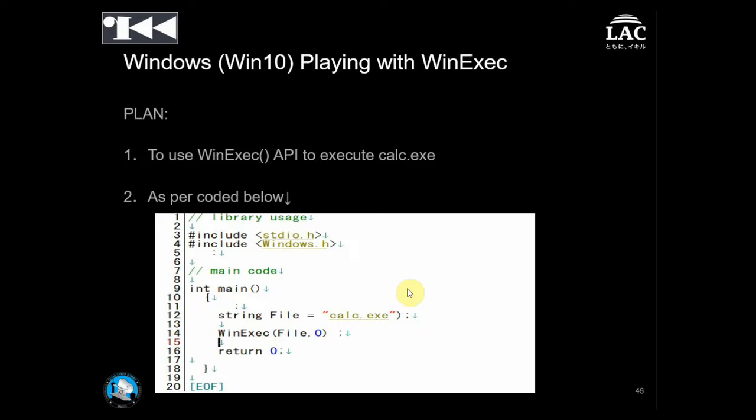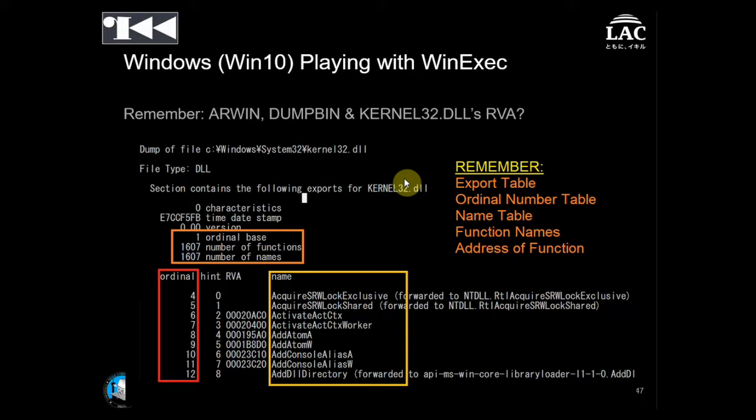And for that, it's going to be back to the basics that we have to remember: the usage of rwin.cs, or the usage of dumpbin, and you have to know about the kernel32 RVAs or kernelbase RVAs, and how to make a call to the APIs, how they are located, and then the naming for that.